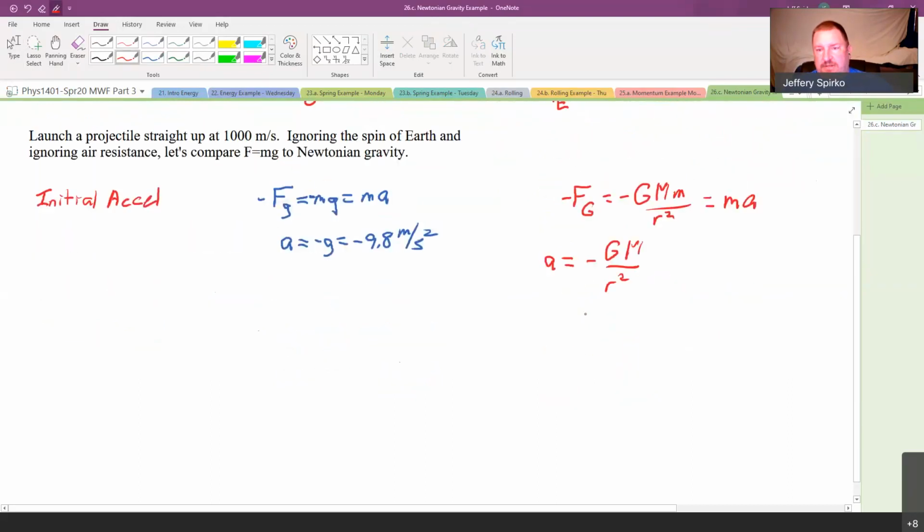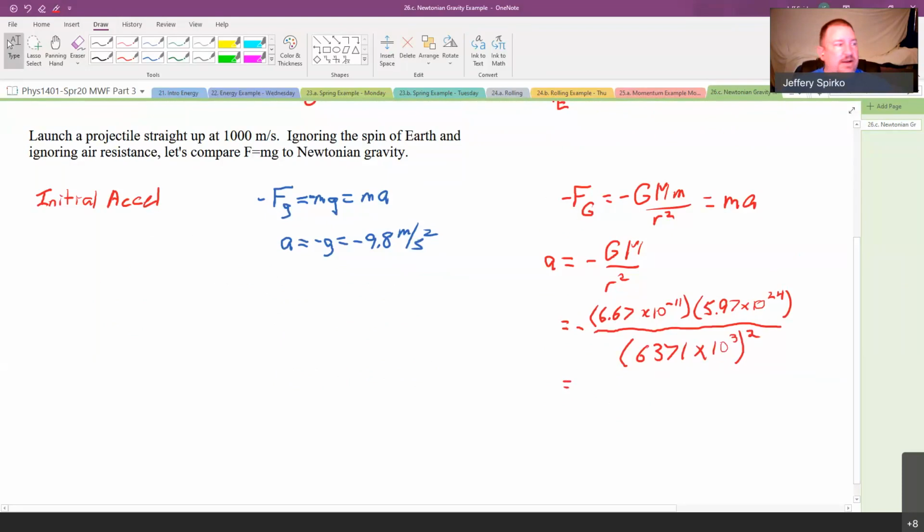And I need to fill in some numbers now. Minus 6.67 times 10 to the minus 11th, mass of Earth 5.97 times 10 to the 24th, and then divide by 6371 kilometers, so times 10 to the third. Kilograms stay, but kilometers need to be converted to regular meters, and the denominator is squared.